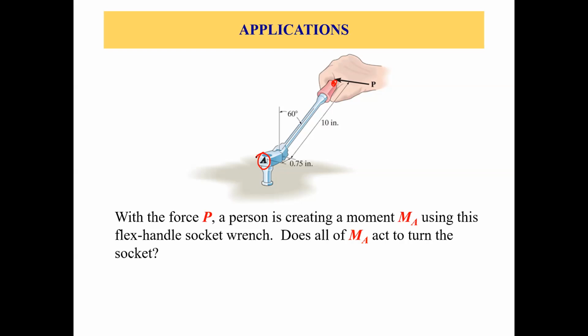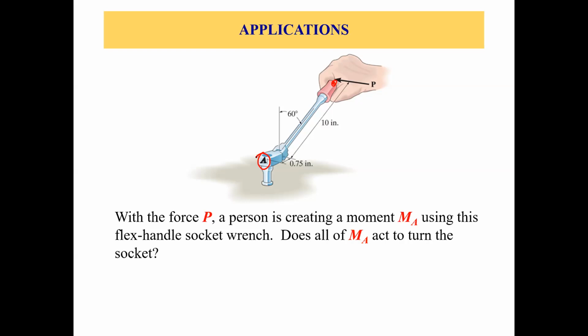Now the question is, does all of the moment created by this force act to turn the socket, turn the bolt? Yes or no? No, right? Because now we are in 3D space, this force has components Fx, Fy, Fz, and the moment has components Mx, My, Mz.